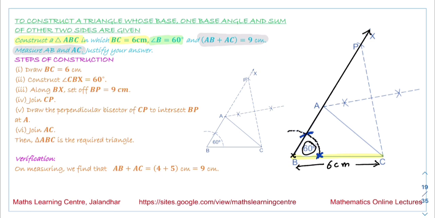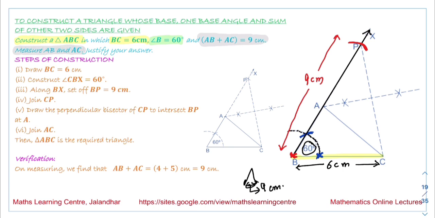Now on this line BX we will cut off a point at a distance of 9 centimeter. We will open the compass up to the length of 9 centimeter, keep one end of the compass at point B and mark this arc over here at P. This length is 9 centimeter.